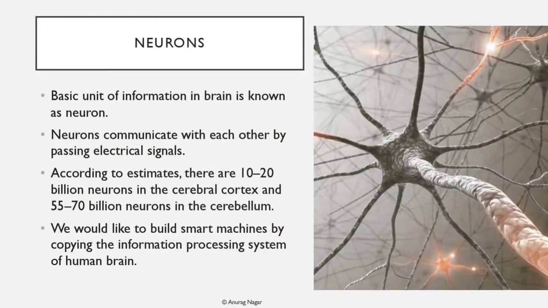If we could really make a good model, we could make a machine resemble a human brain. Now, do you know how data modeling or processing happens in the human brain? What is the basic unit of data processing in the human brain?